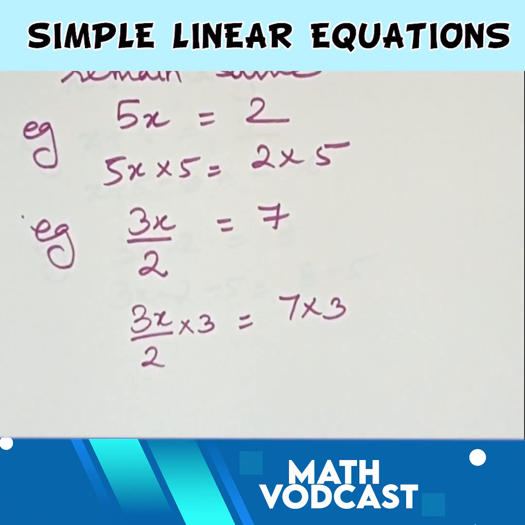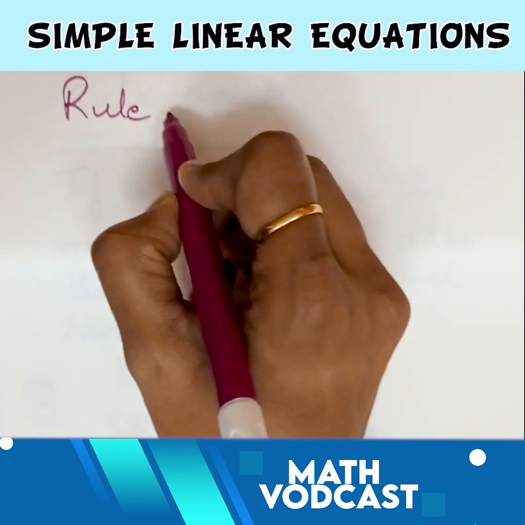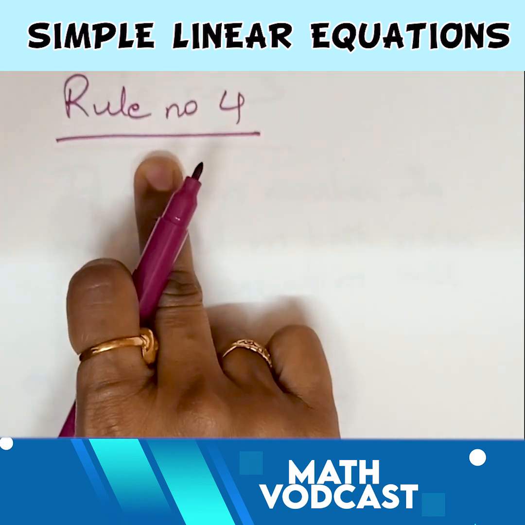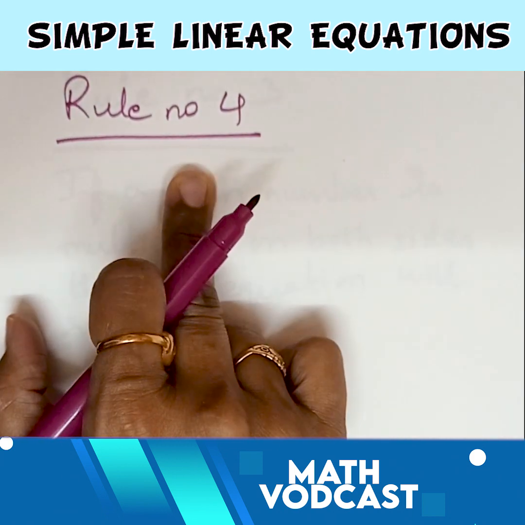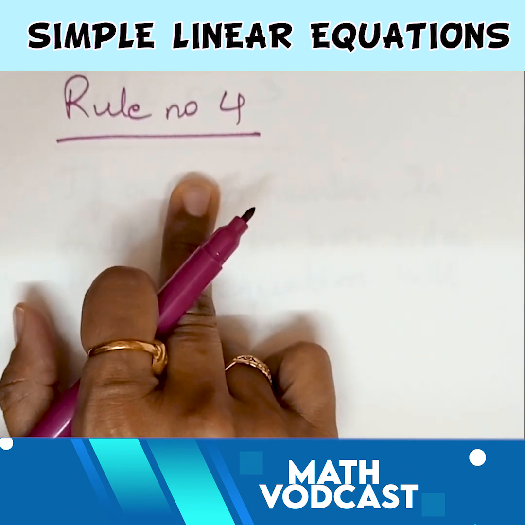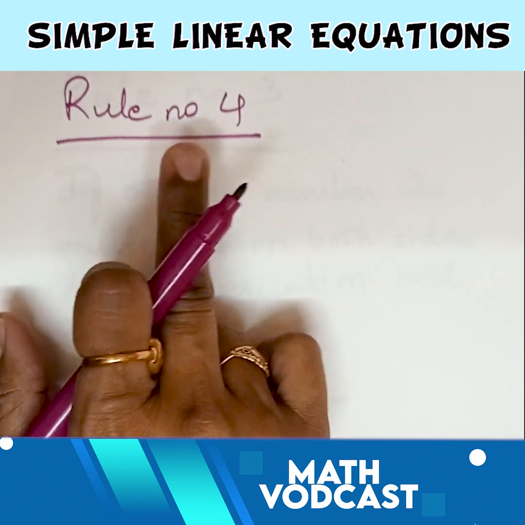Now let's look at rule number 4, which is the last rule. Rule number 1 was about addition. Rule number 2 was about subtraction. Rule number 3 was about multiplication. And rule number 4 is about division.